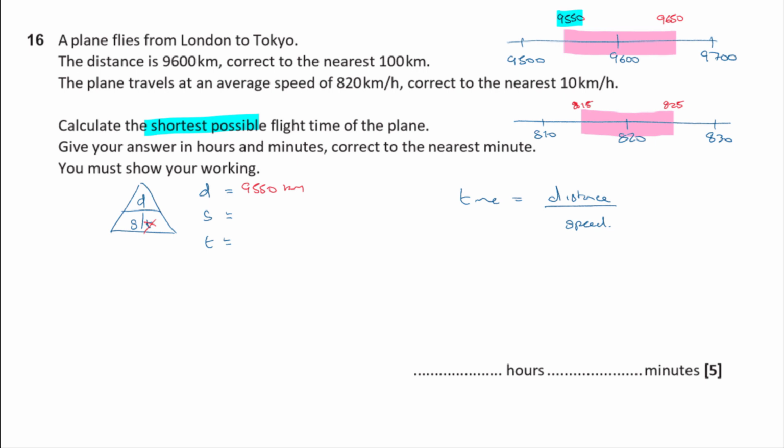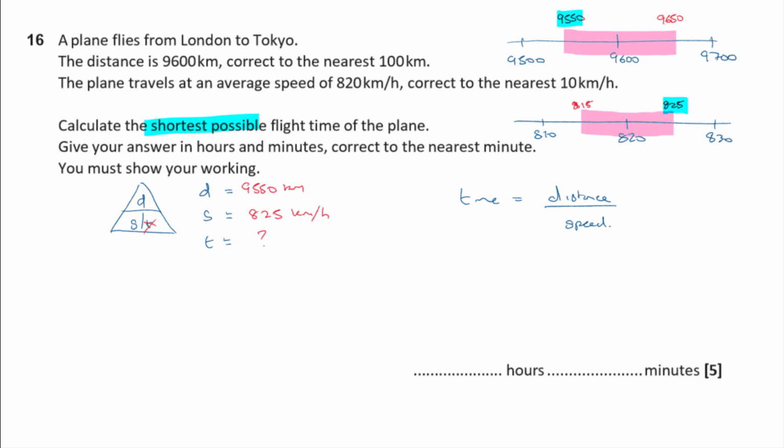Well, if I want to get the smallest possible time, I want to be traveling at the fastest possible speed, don't I? Because the bigger the number you divide by, the smaller your outcome is going to be. So I'm going to be using the upper bound of the speed, which is 825 kilometers per hour. And don't worry that 825 technically rounds up to 830, but 824.999999 rounds down, and that's pretty much the same value.